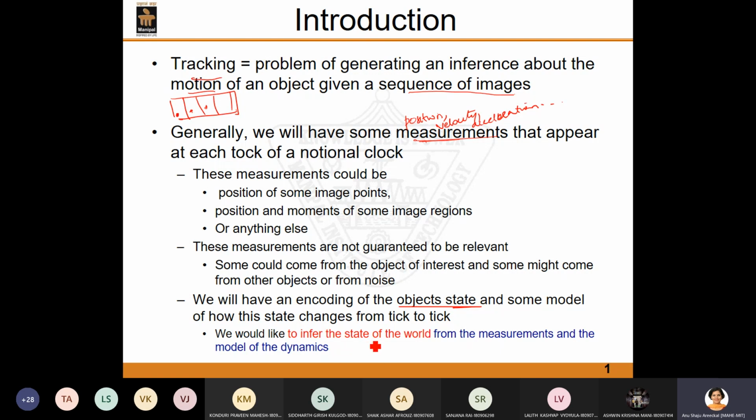So we infer the state of the world, in the sense the object that you're taking, from the measurements that we take from frame to frame. We also take into consideration the model dynamics. These three terms, state, measurement, and dynamics, how exactly they are defined, we'll see in the next slide.